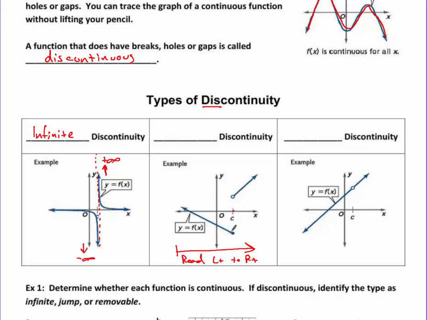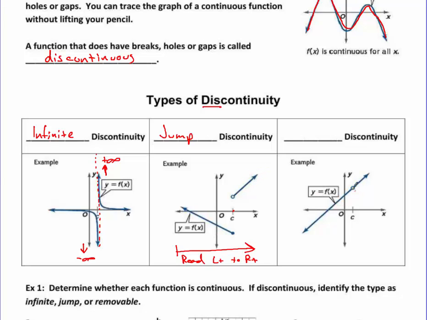This portion of the function includes C. This portion does not. So this is a piecewise function where this includes everything up to C, and this includes everything after C, but not C. This kind of discontinuity is called a jump discontinuity. It's almost as if the graph moves along and then it jumps up here and continues.